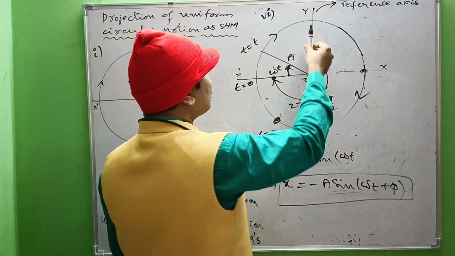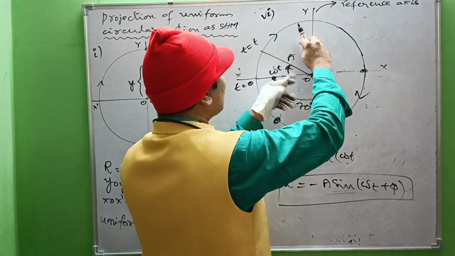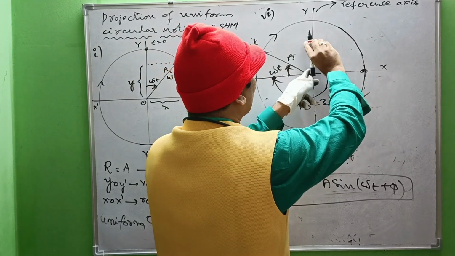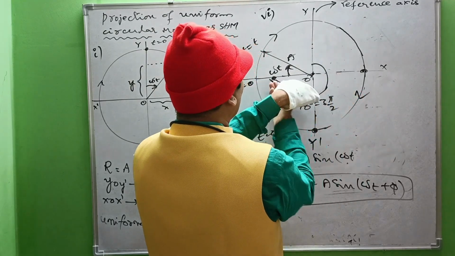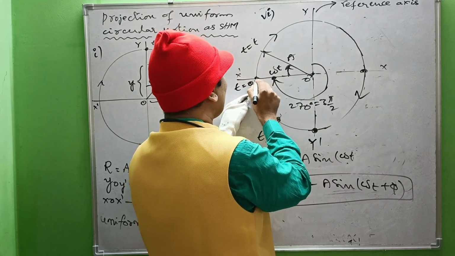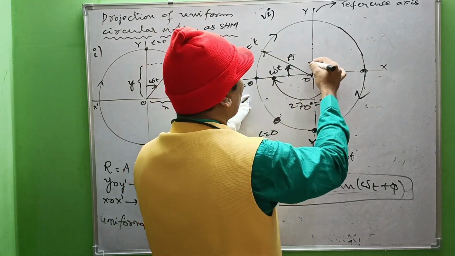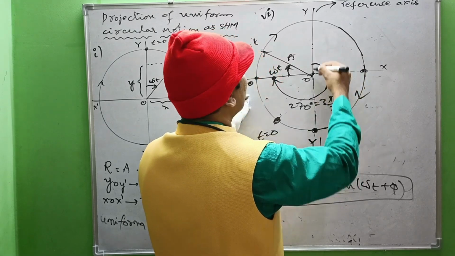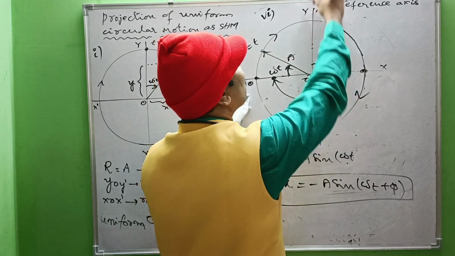See, initially this is the vector. Later on, this radius vector rotates like that during the revolution of the particle. But our initial instant starts here and next here. Therefore, we have to consider the initial phase angle also with respect to the positive axis.